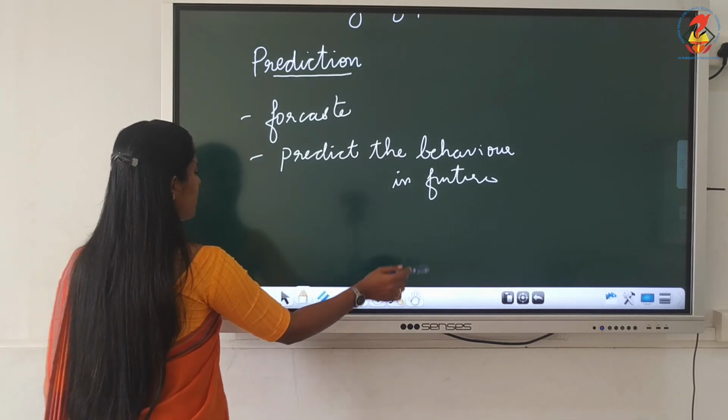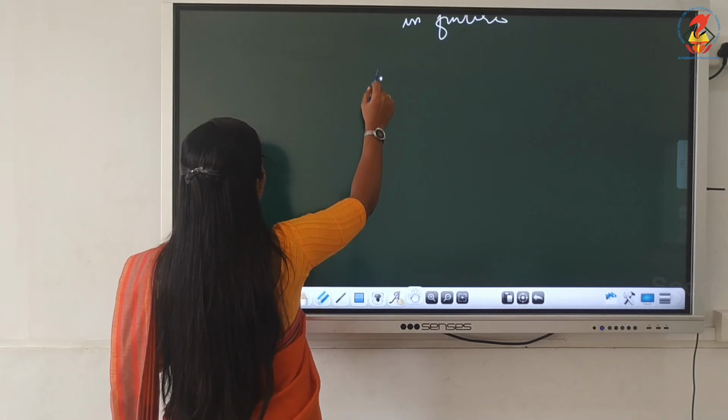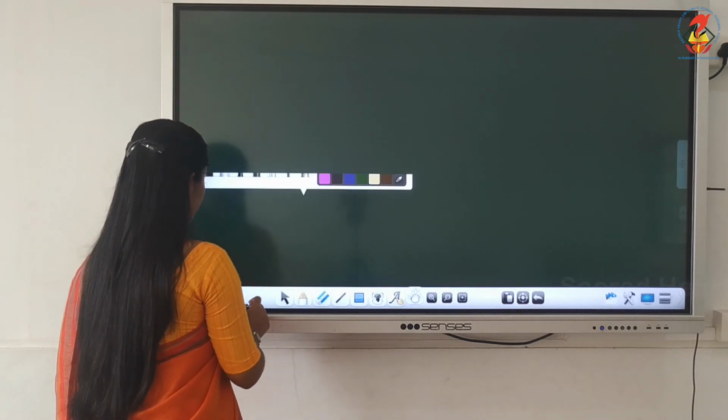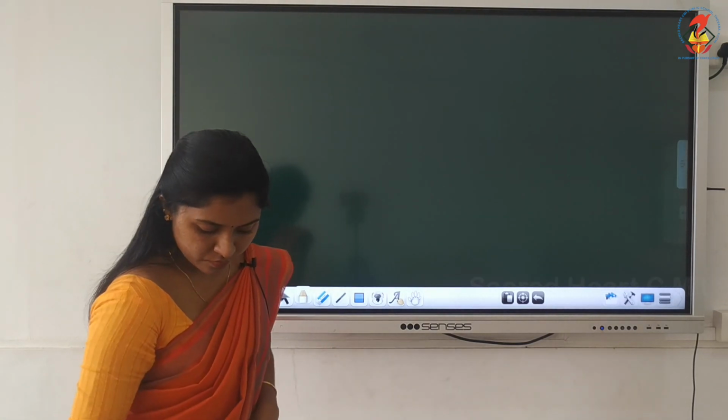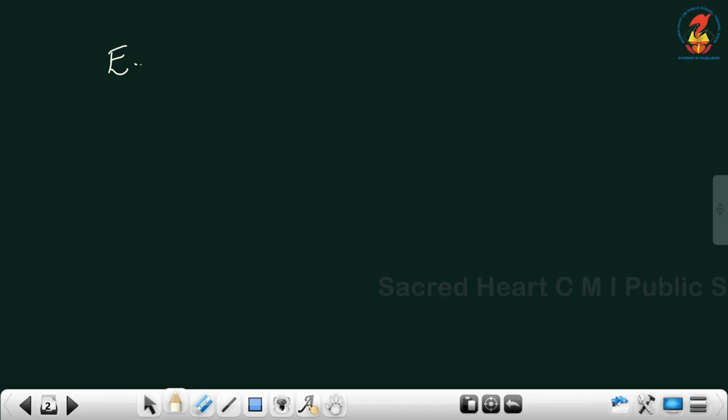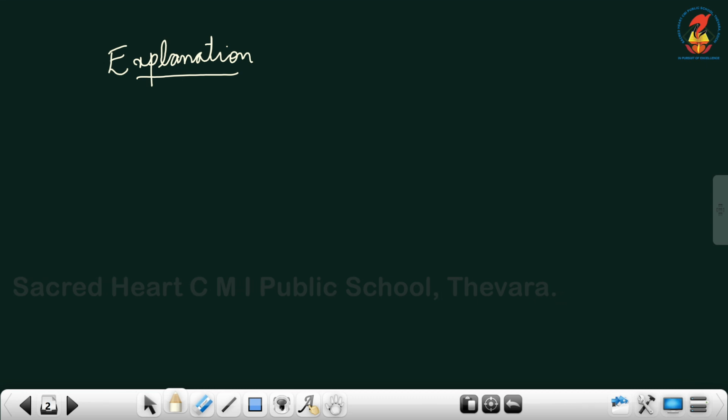Now, let us move on to the third goal, that is explanation. Our third goal is explanation. That means the causal factors.